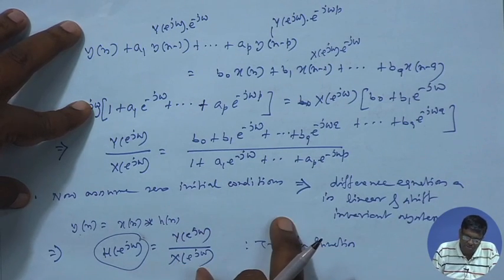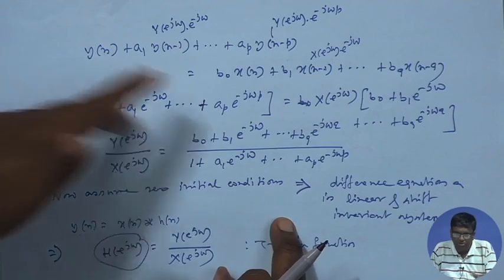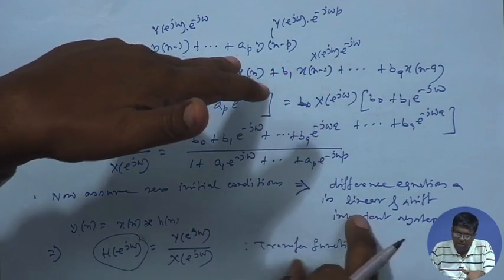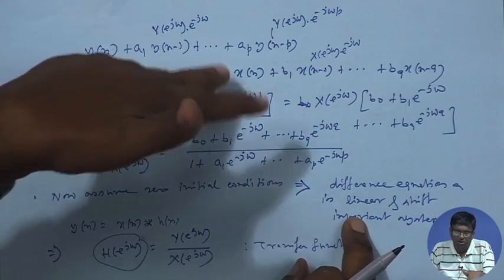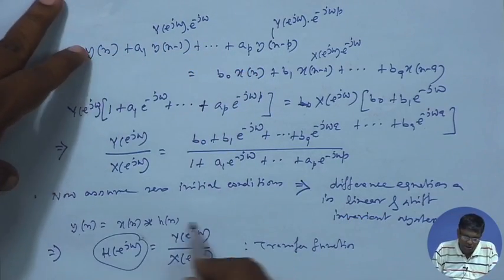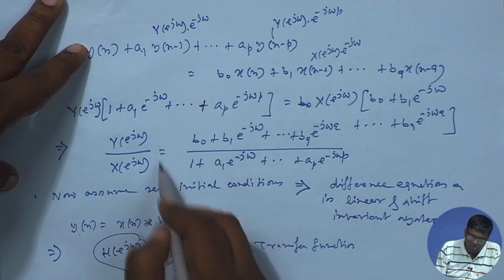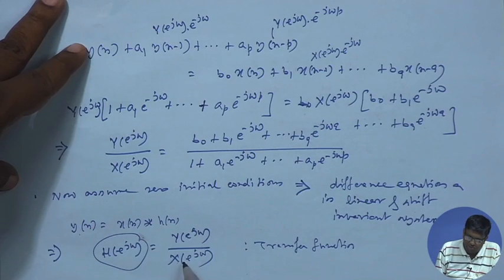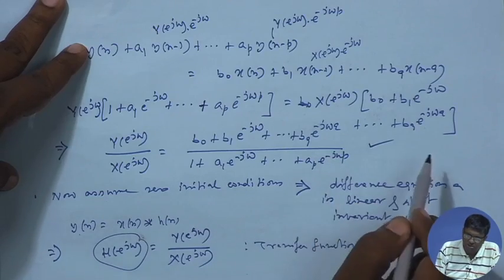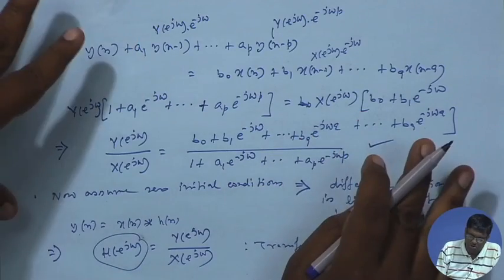But if it is linear and shift invariant and the system is given by a difference equation, and I am assuming the system to be linear and shift invariant, that is, the difference equation has 0 initial condition, in that case this will be equated to this, because Y e to the power j omega by X e to the power j omega for a difference equation is always this, whether you have 0 initial condition or not.